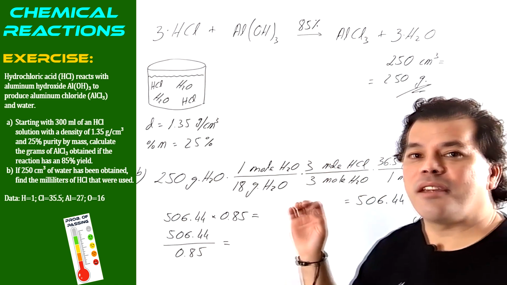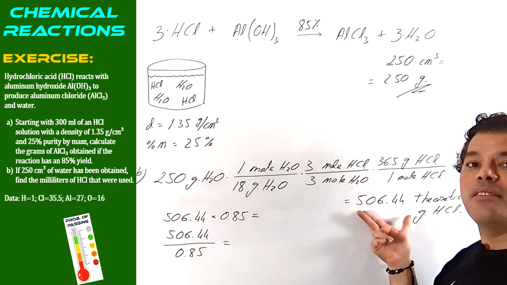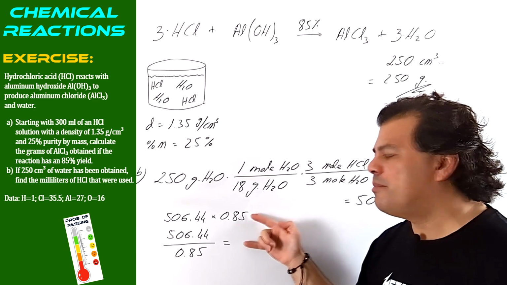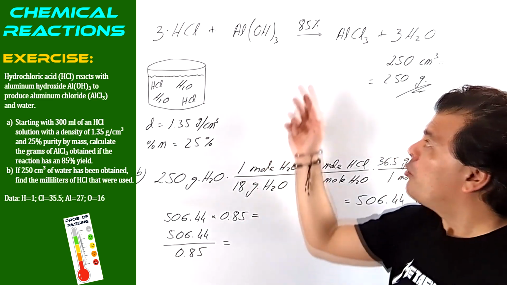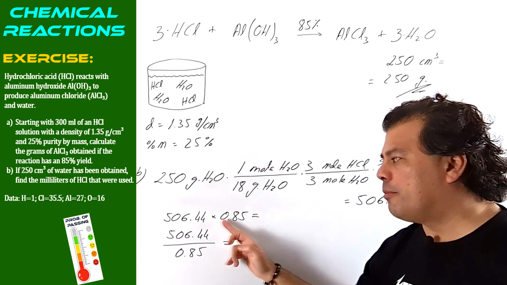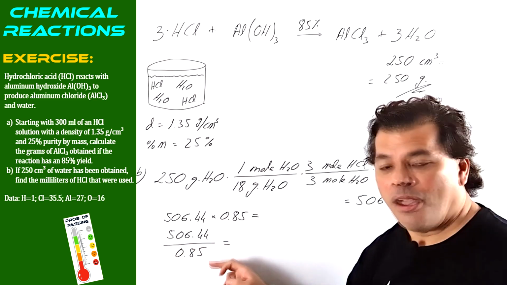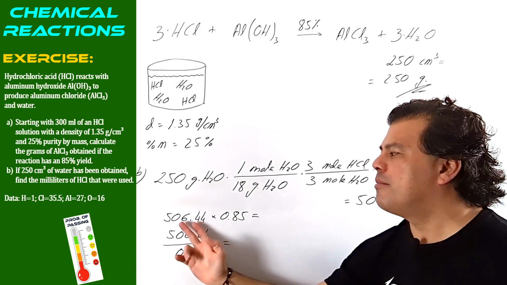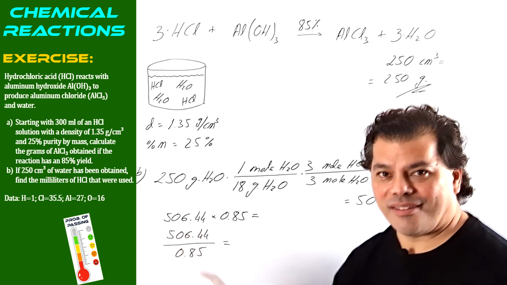So it is necessary to use more than these grams. Here you can find the two possible solutions. We are using the yield in one of these forms, multiplying or dividing? Which one do you think will lead us to obtain more than 506?